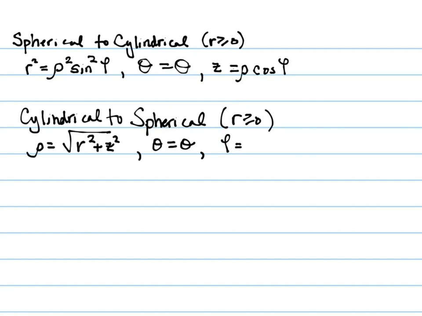And phi is the arc cosine of z over the square root of r squared plus z squared, which would be rho, obviously.